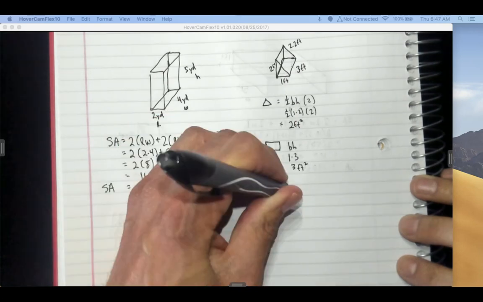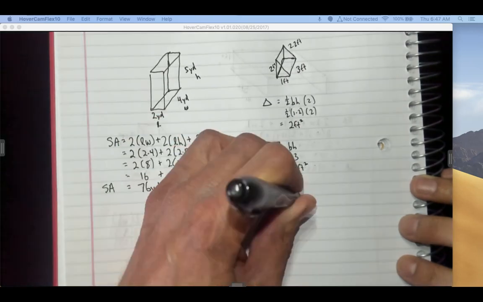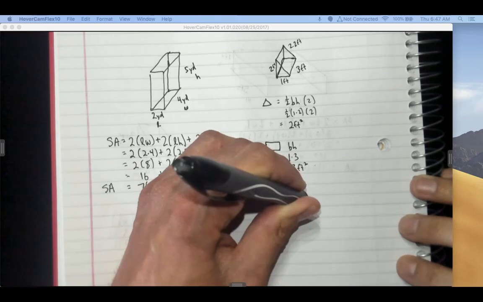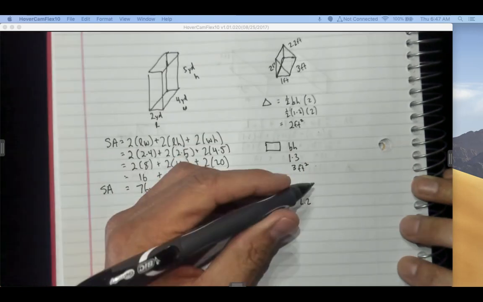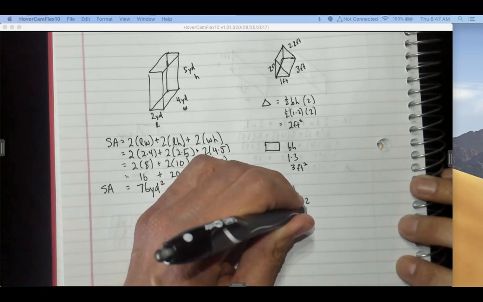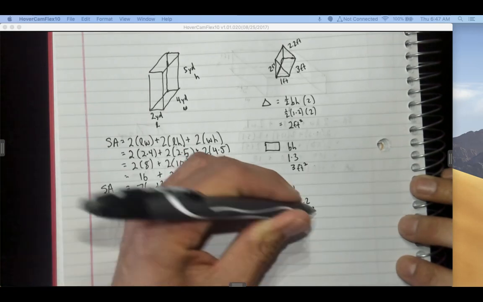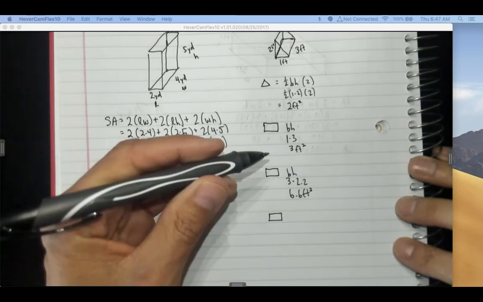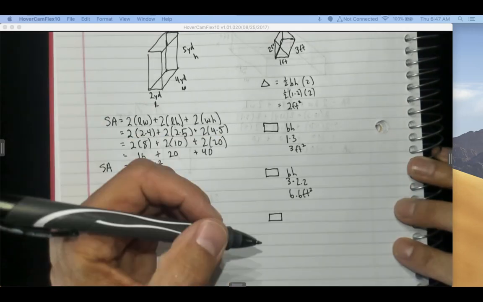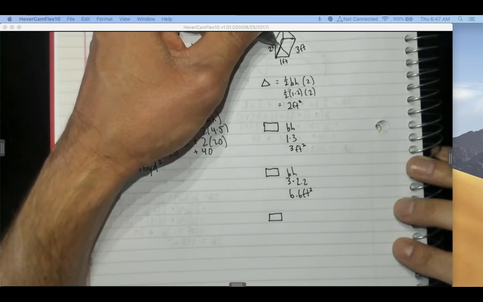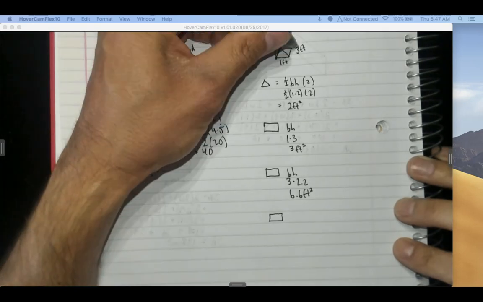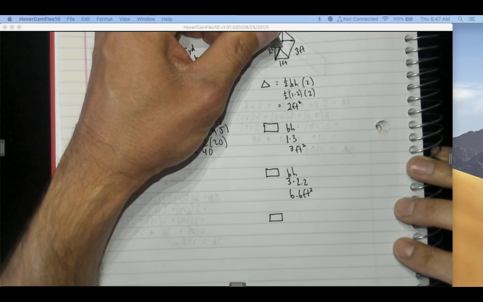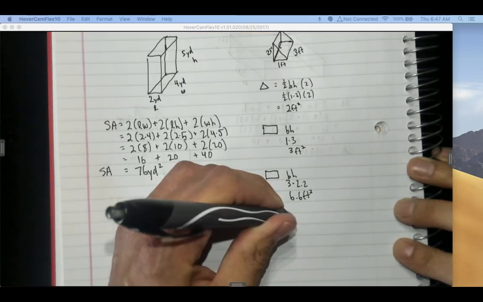And then that is going to be equal to 6.6 feet squared. Okay. Last, we have rectangle 3. Rectangle 3 is going to be the 3 times 2 on this backside. So base times height, 3 times 2, or 6 feet squared.